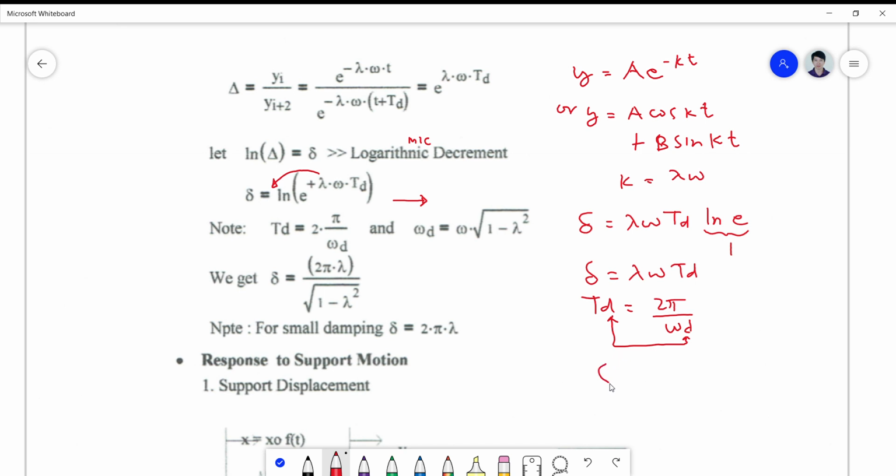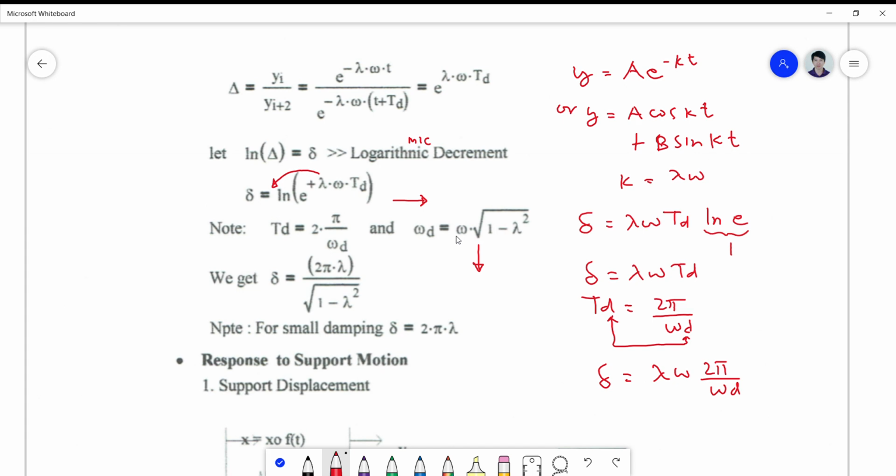If we substitute it there, we get lambda omega times 2 pi over omega damped. So this is now your equation for the logarithmic decrement.